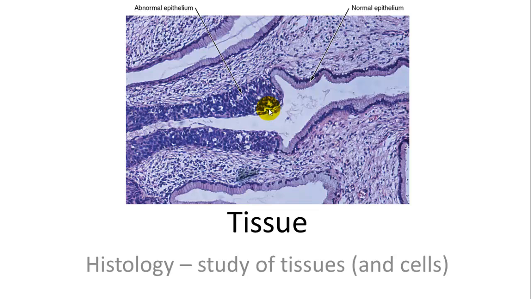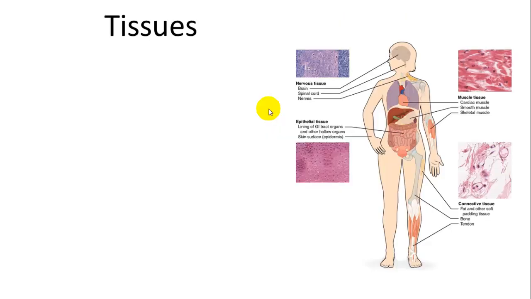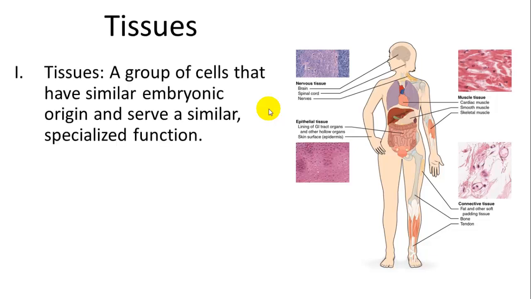So in tissues, we are really studying cells in groups, and of course we can categorize tissues into their different types. A tissue itself, however, is that group of cells. So again, we're getting into a higher level of classification.